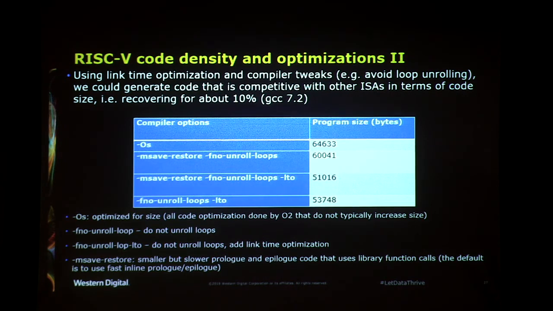You can inline for high performance, or you can have library functions that do the prologue and epilogue code. You can even look into the register usage and shorten it: if you are only using 4 registers, you do not have to refer to all the registers in the architecture in the prologue and epilogue. So there are optimizations that can be done.